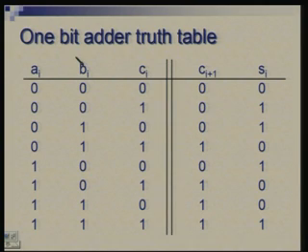We have these columns labeled by the inputs Ai, Bi and Ci, and 2 columns labeled by the outputs Ci plus 1 and Si. We have these 3 inputs and 8 different combinations, 0 0 0, 0 0 1 and so on, and finally 1 1 1. For each of these we need to exhaustively define what the outputs are.